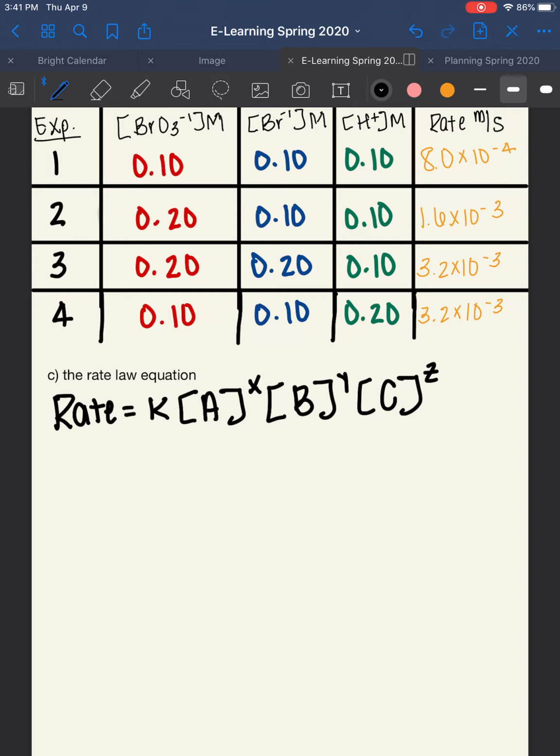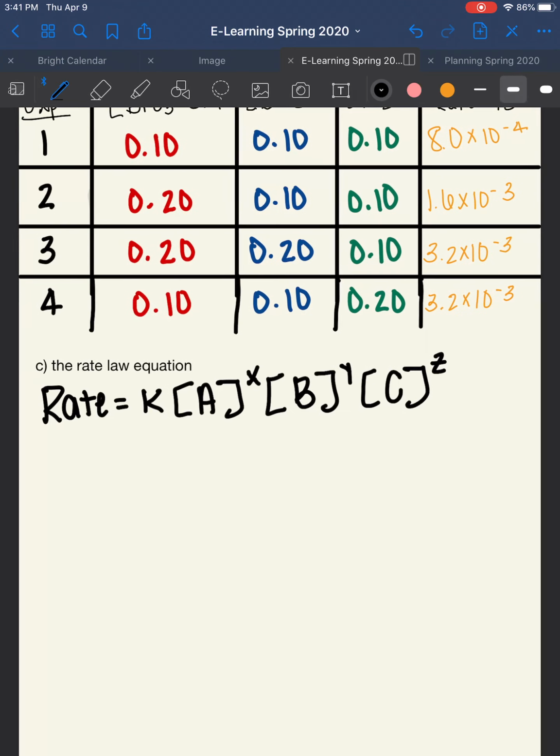You can have one reactant, two reactants, three reactants, or however many according to your chemical reaction. In this case, since we do have 3 and we're able to figure out the reaction order for each reactant, we can fill out our rate law equation.